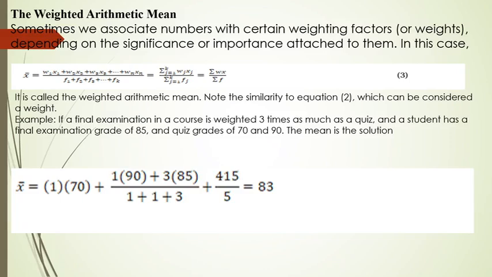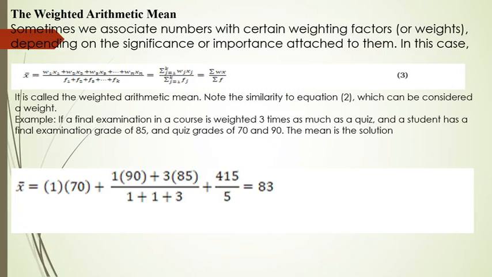So let's consider an example here. If we look at the example given in the study material, they said if a final examination in a course is weighted 3 times as much as a quiz, and a student has a final examination grade of 85 and quiz grades of 70 and 90, the mean solution is, they said the examination is 3 times as much as the quiz.